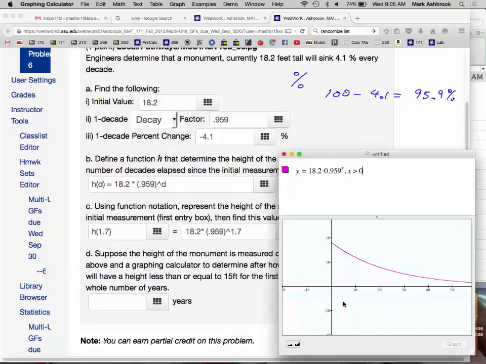Okay, so here's our graph of this. And we want to know when it's less than or equal to 15 for the first time. So is the height of the monument our x coordinate or our y coordinate? Y, right? The independent variable is decades. That's the x-axis. And the dependent variable, our output, is the height. So I can say y equals 15.